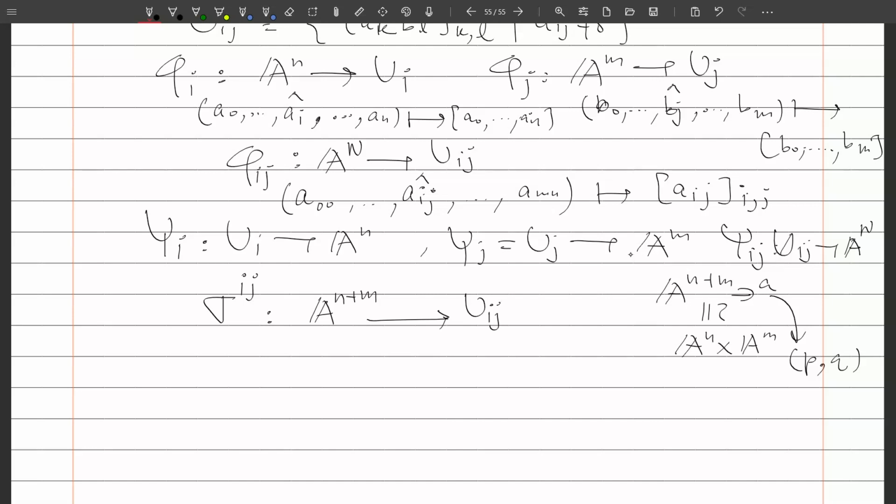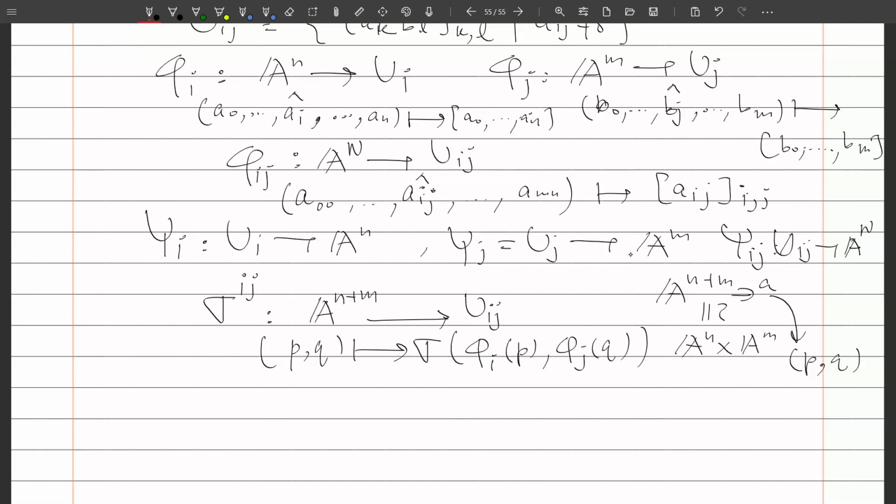Then sigma ij takes the point (p, q) to the point sigma of (phi i of p, phi j of q).